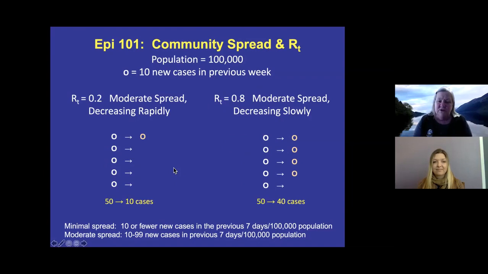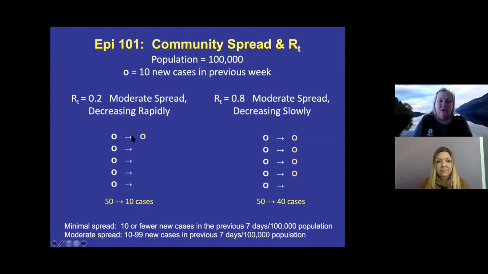And here are 2 examples where you have an RT close to 0 and an RT less than 1 but closer to 1. Again, it's in a community with moderate spread. If we have an RT of 0.2, these 50 cases are going to go down to 10 cases.